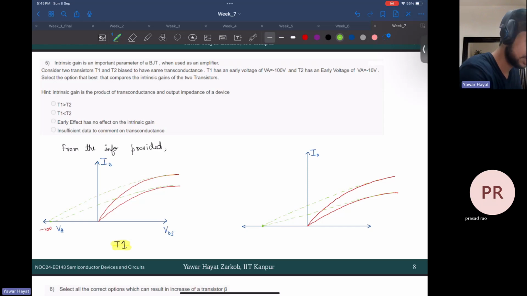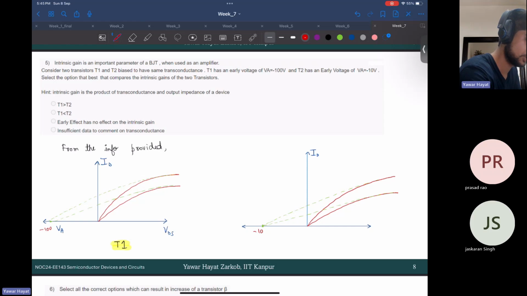This is your minus 10. This was your VA, and this is your VDS. This is your T2, right?